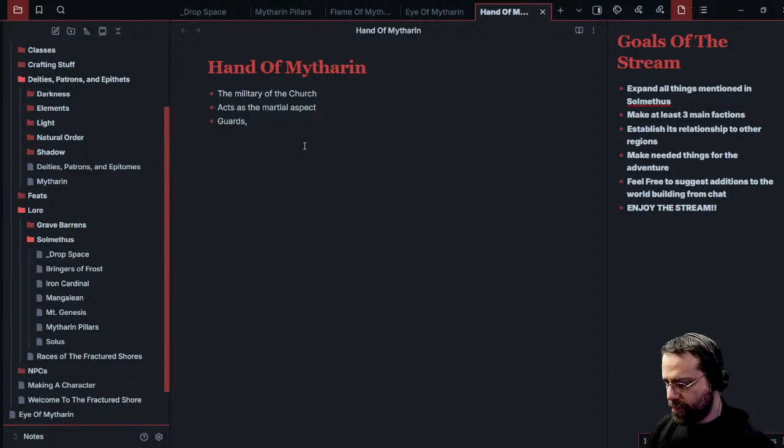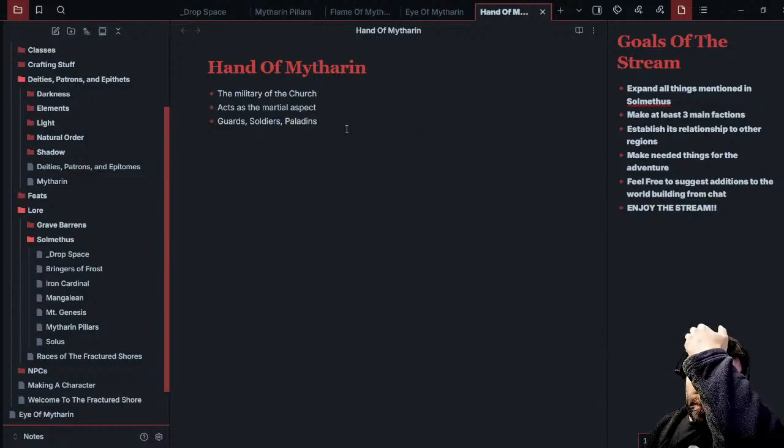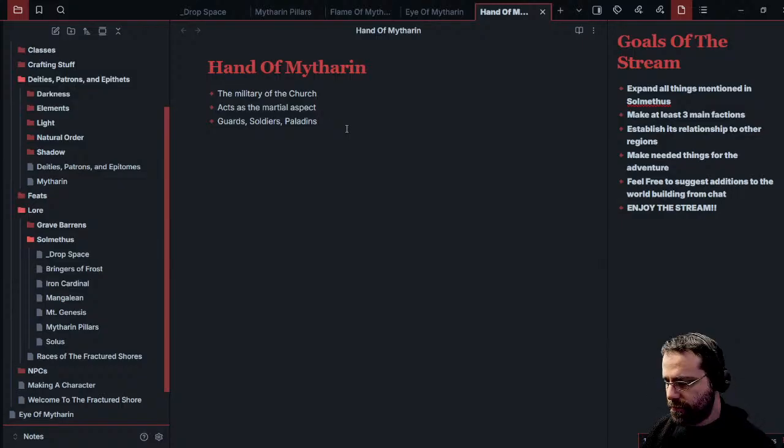Guards, soldiers, paladins, and the like.